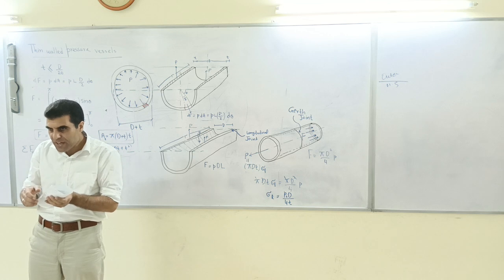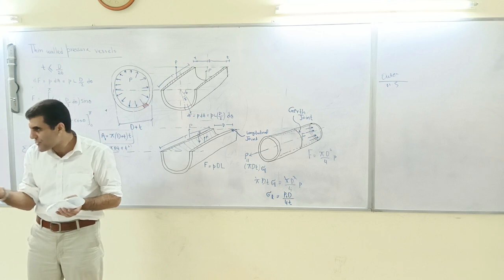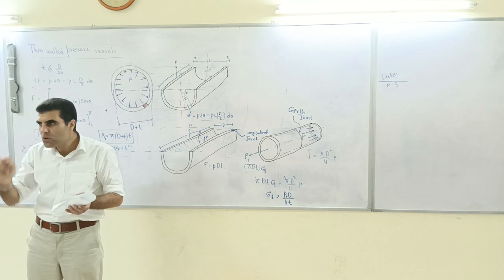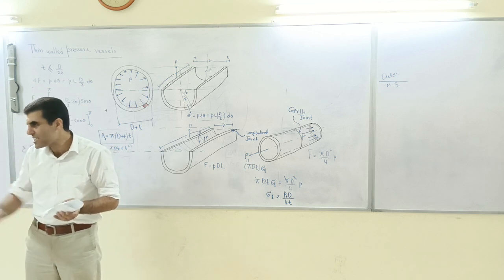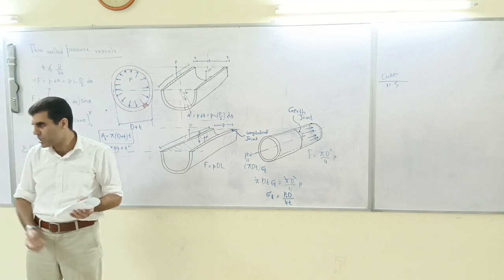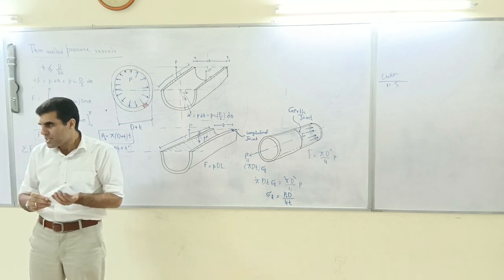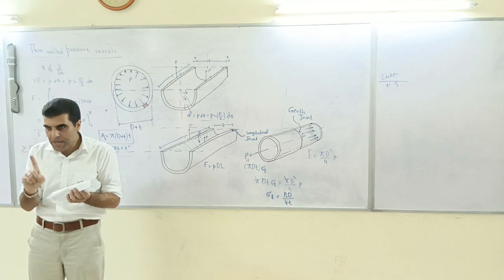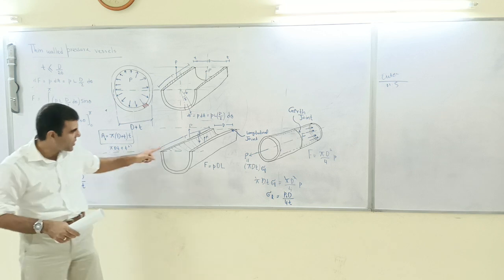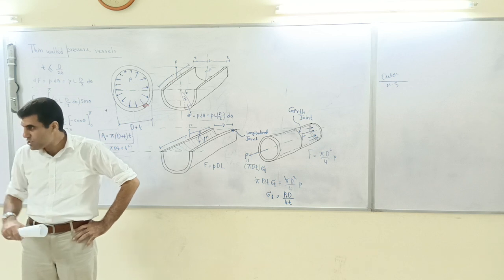Now if you know the force resisted by one staple, say one staple can take 0.01 Newton of load, or 0.1 Newton of load, you can find out how many staples are required to resist this load P. So that is one way.